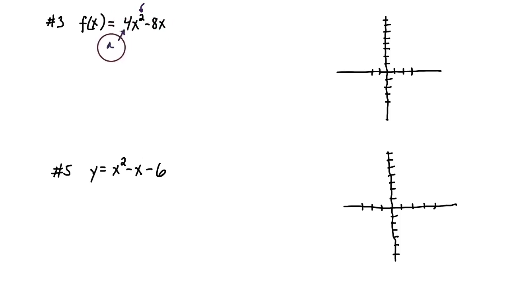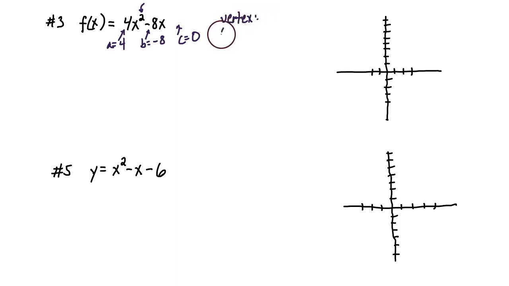The value of A is 4. The value of B is negative 8. And the value of C is 0. Because it is in standard form, this is how we're going to get the vertex.